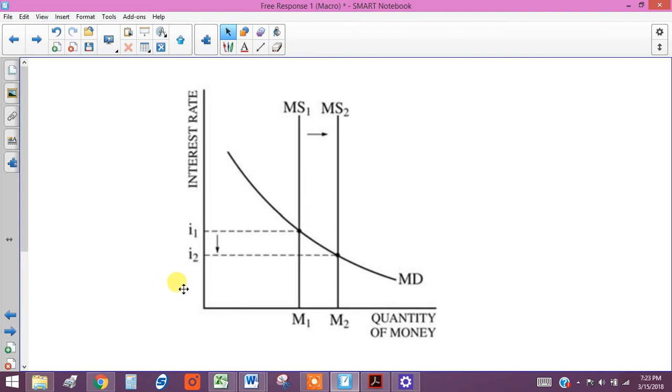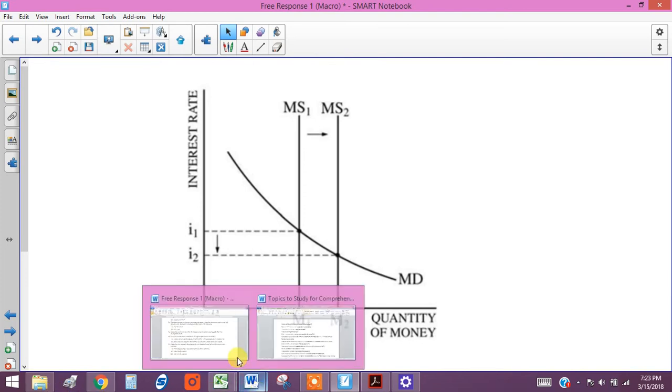That's going to shift the aggregate demand curve to the right on this graph over here, and you just need to explain this. Okay, you don't have to draw any more graphs.